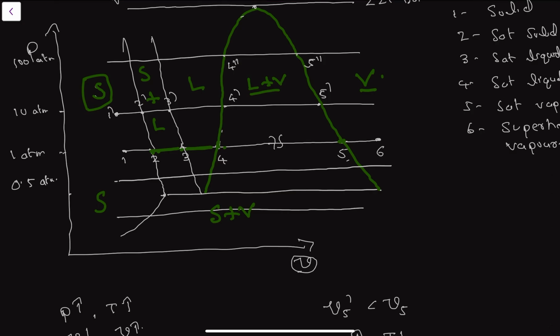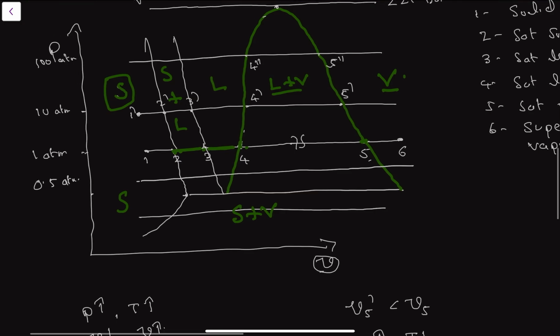In this region you have solid plus vapor. So that means, if you are heating at a pressure below this point, I am starting from here, let us call it 1 dash. If I am heating, this solid will be directly converted to vapor, so there is no liquid phase in between.